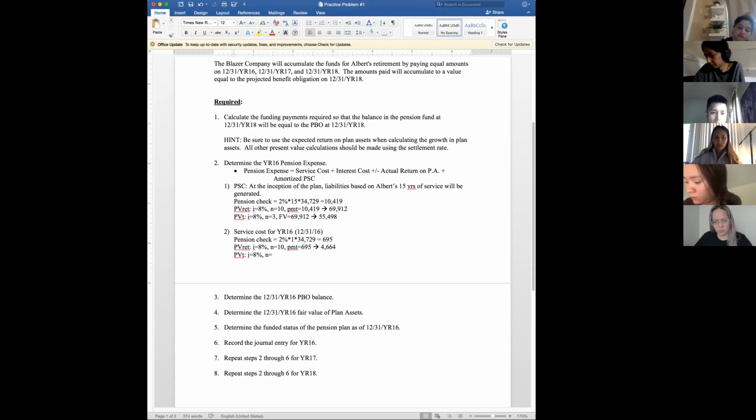From December 31, year 18, back 1 year, December 31, 17, back second year, December 31, 16. So the number of periods is n equals 2. And then the future value is 4,664. As a result, the present value of this lump sum back to time t equals 3,999.